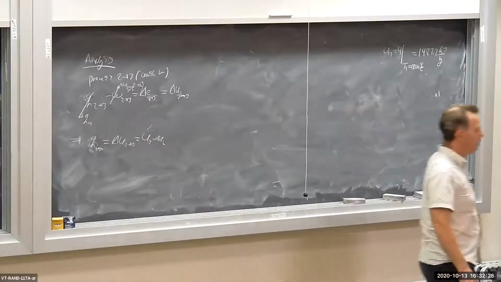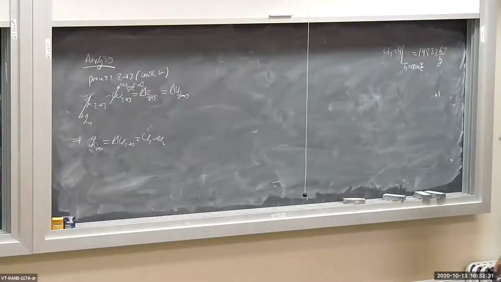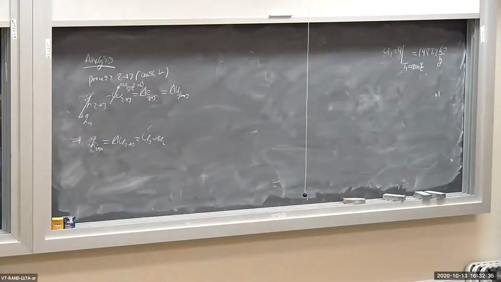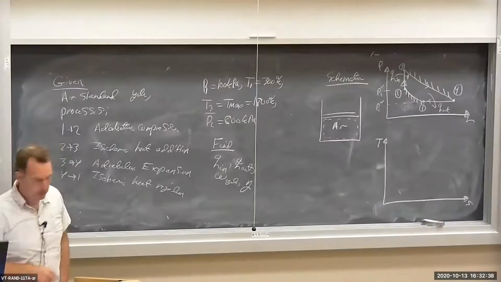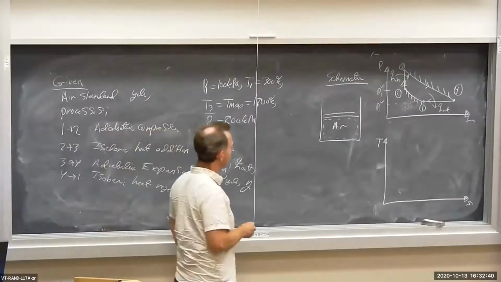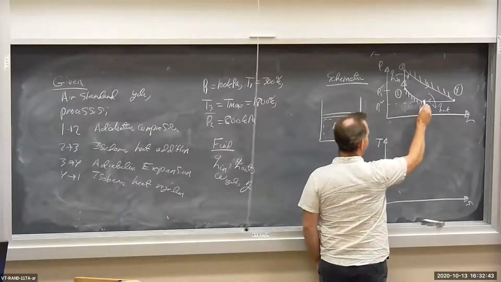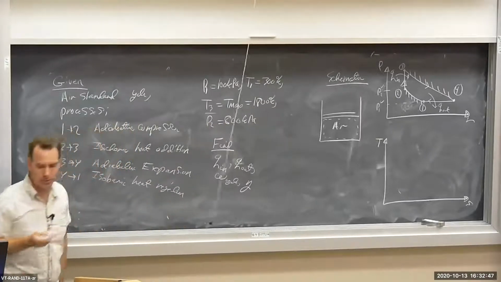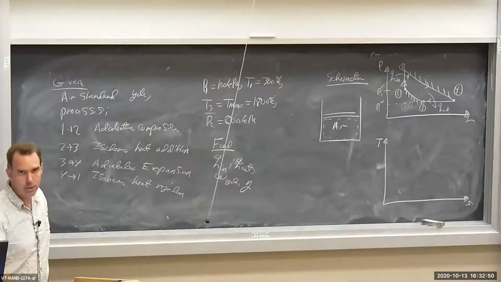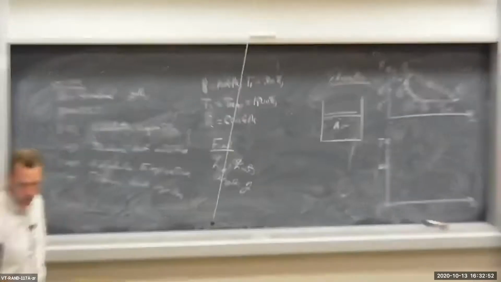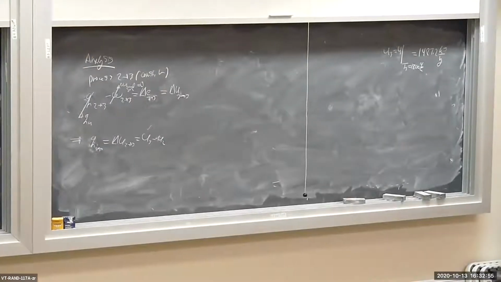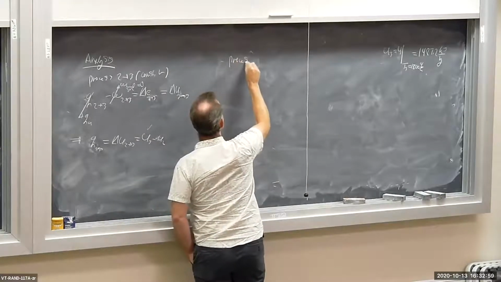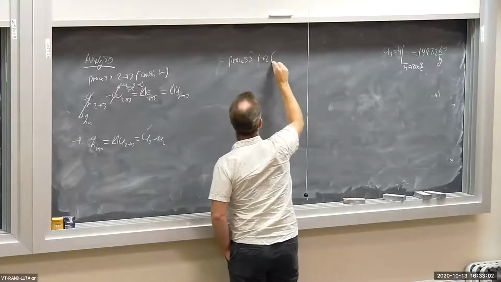Well, what is process 1 to 2? Let's have a look at process 1 to 2. It's adiabatic compression from state 1 to state 2. Let's see if we can get state 2 from what we know about process 1 to 2.